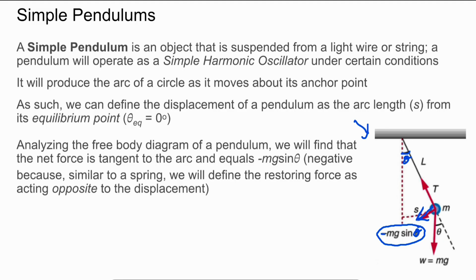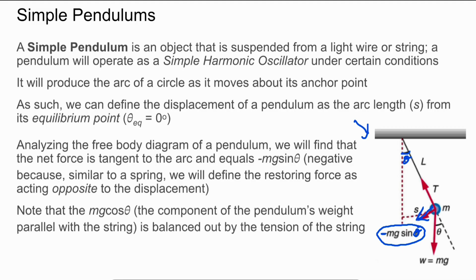And we could also describe that with a negative because, again, that's a restoring force, so it is going in the opposite direction of our displacement. And note that mg cosine theta, this parallel component of gravity, is canceled out because that will equal our force of tension. So that goes away and doesn't affect our net force.